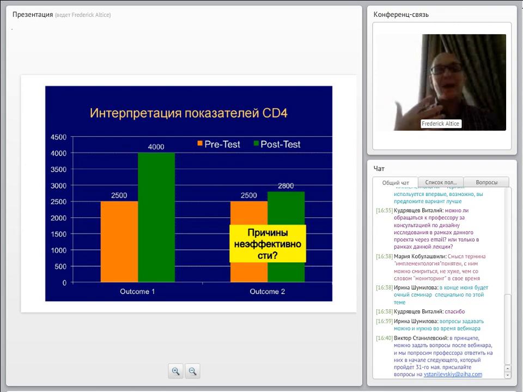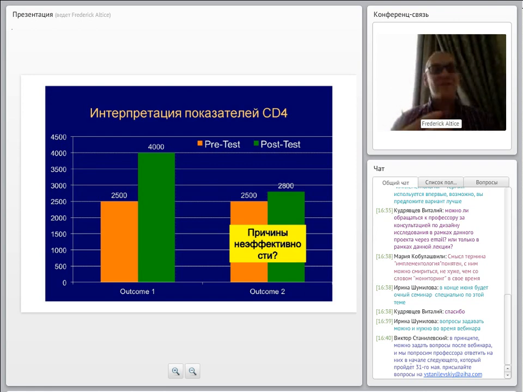And what you see is that by instituting the receptionist calling the patient a few days before their appointment, you increase the number of CD4 tests from 2,500 to 4,000. So you have had a huge, a 60% increase in the patients who actually get continued in care.